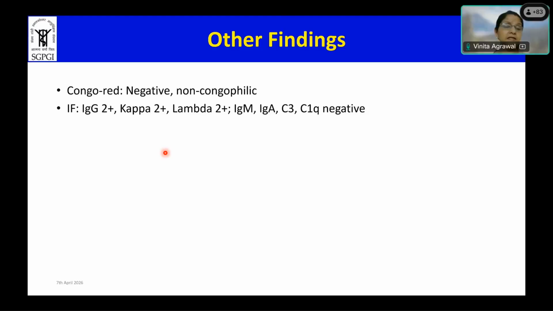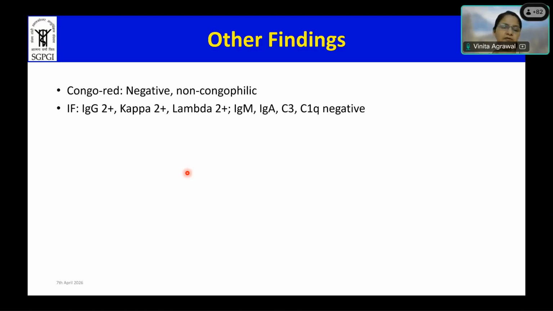Not light chain deposition disease, because kappa and lambda are both positive. Dense deposit disease? I already showed you dense deposit disease, with ribbon-like deposits. So it is not ribbon-like deposits. This is something which is secondarily deposited. So what are the other deposition diseases?